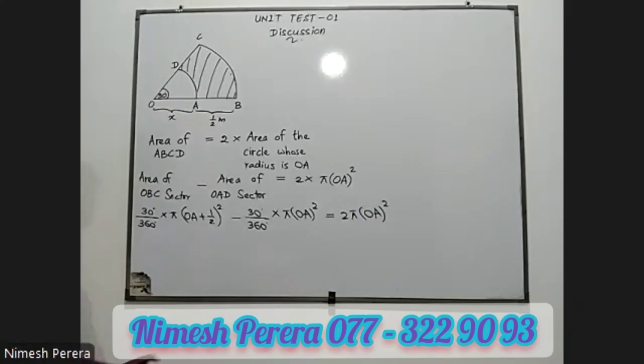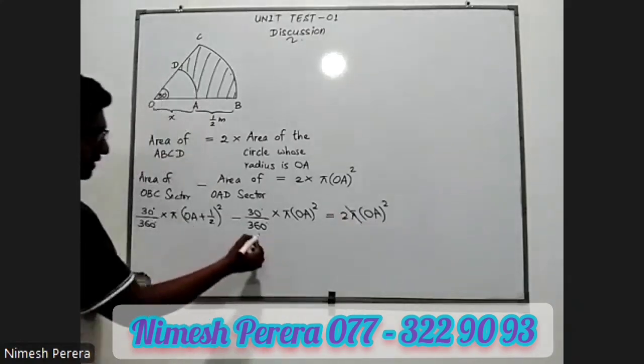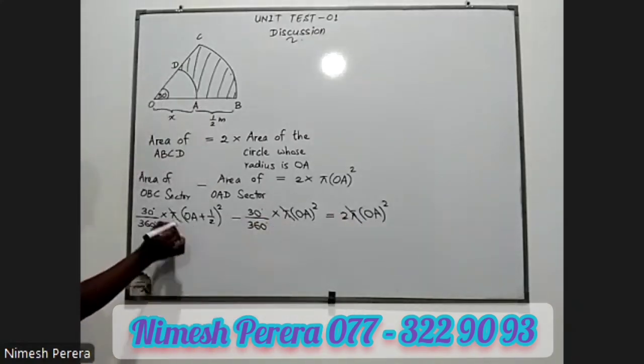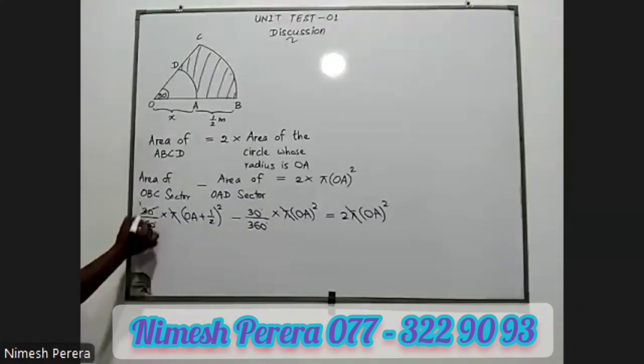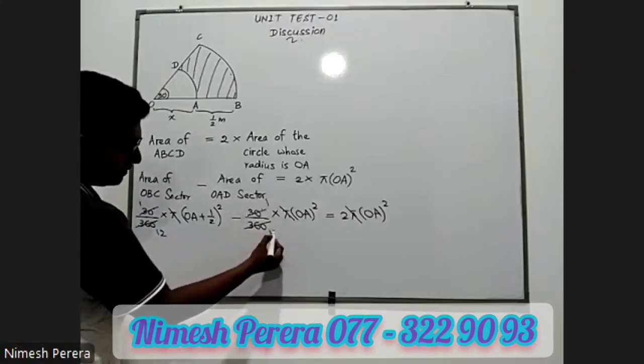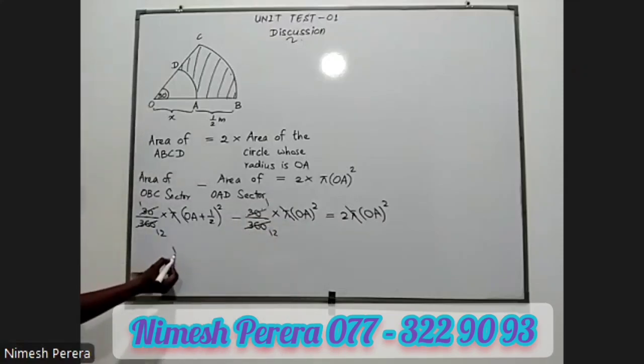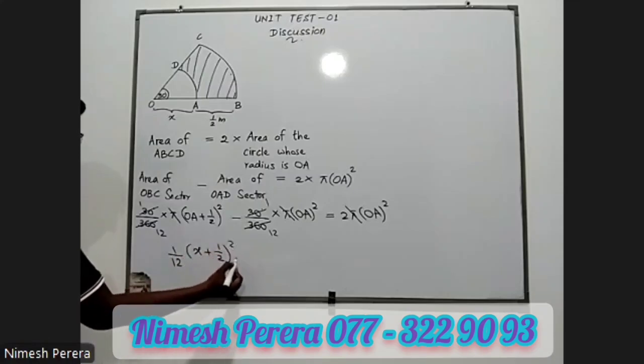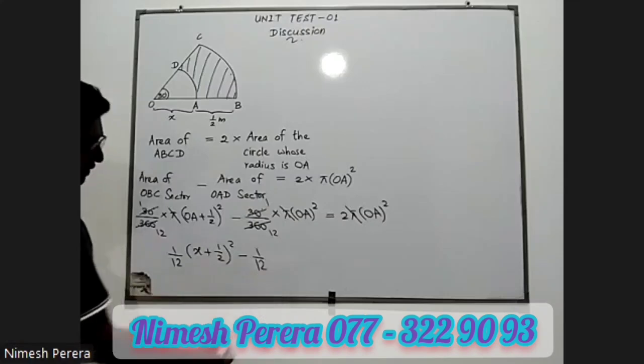Now we can cancel pi because each and every term is having pi. Then 30 times 1, 30 times 12. Now here we have 1 over 12. OA is X plus half square minus once again 1 over 12.